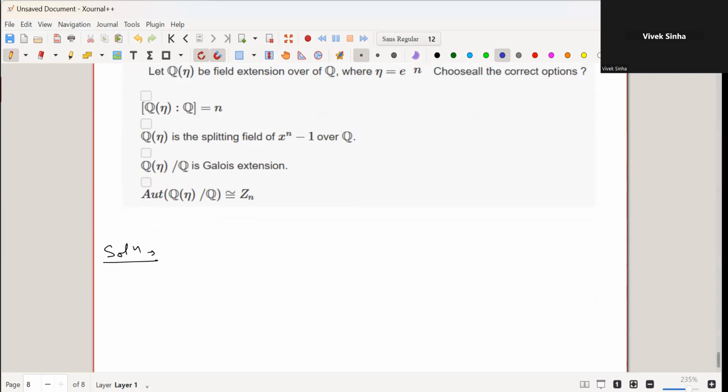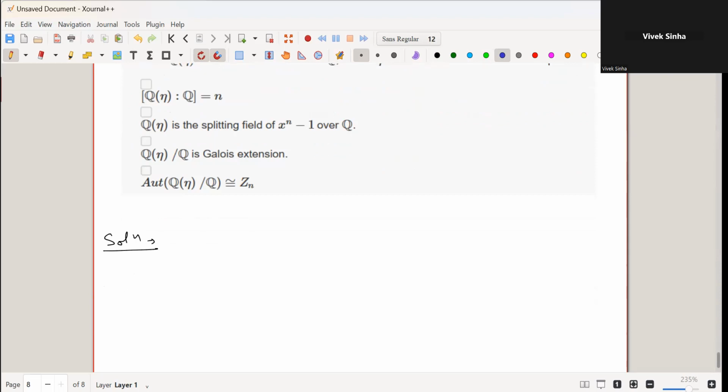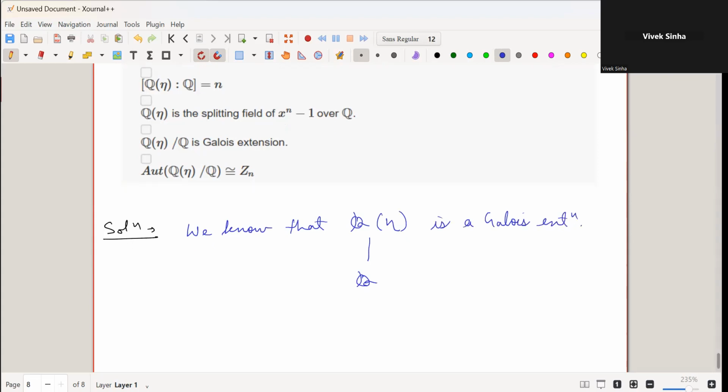What we require is Q of zeta. From the lecture notes, we know that Q of zeta over Q is a Galois extension. Why is it a Galois extension?